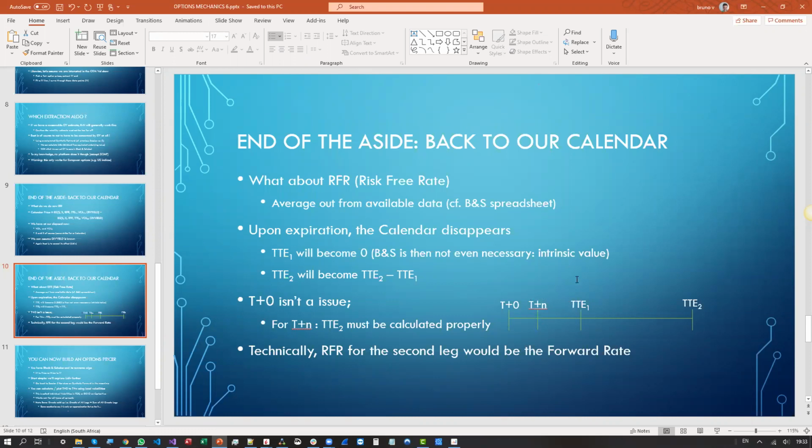That can be a second exercise if you want. I'm happy to share what I've done in SOAP or pieces of code. Just think that you need to get your time to expiration right in your calculation, otherwise you will not get that pointy calendar plot.